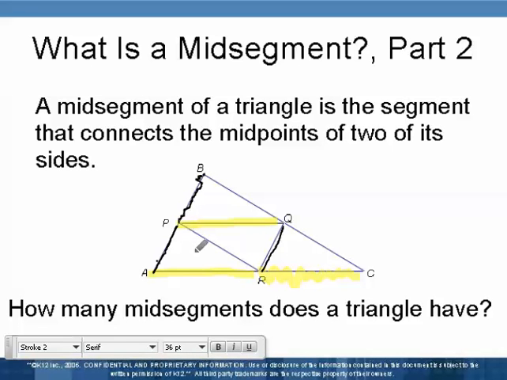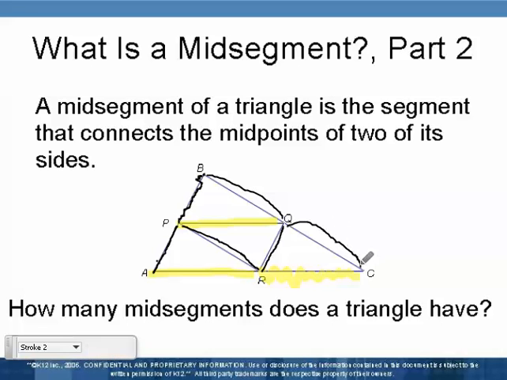Okay. What about that third one? Yep. This one and this one are the same length, and so is this one. And so what we're looking at is this, and this are all the same length. This, and this one are all the same length.